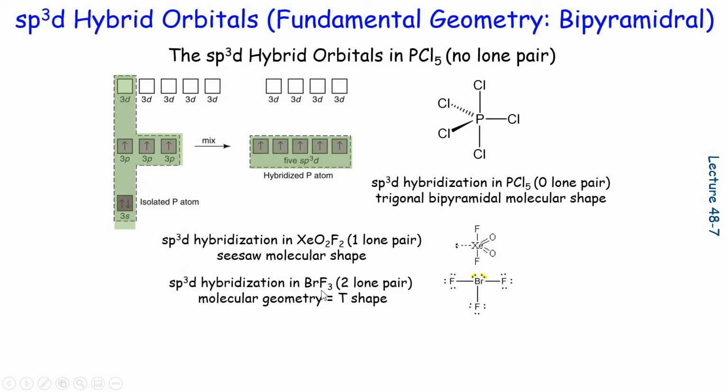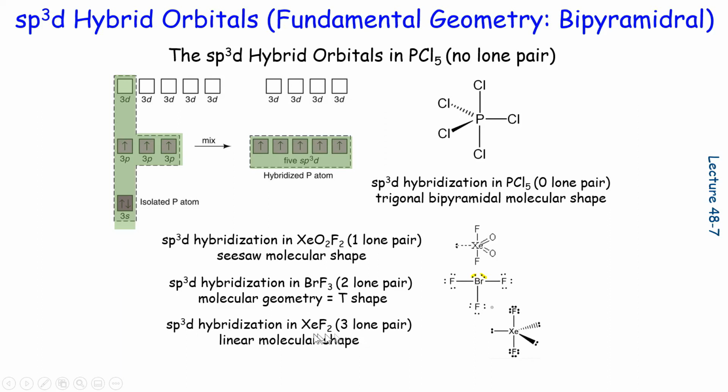Now in this BrF3 molecule, the same sp3d hybridization is used, but since there are 2 lone pairs on bromine, the molecular shape is T-shape. And in xenon difluoride, there are 3 lone pairs.